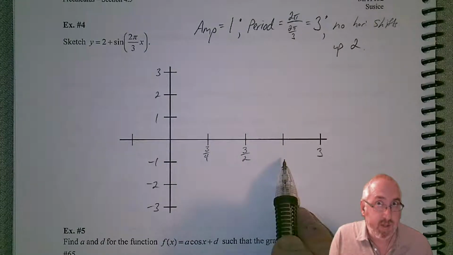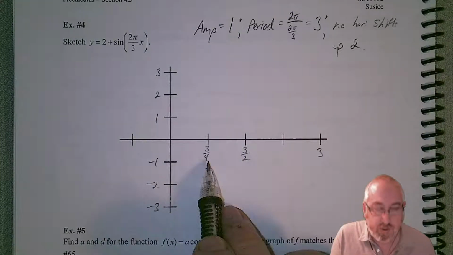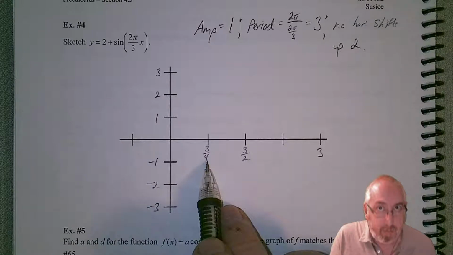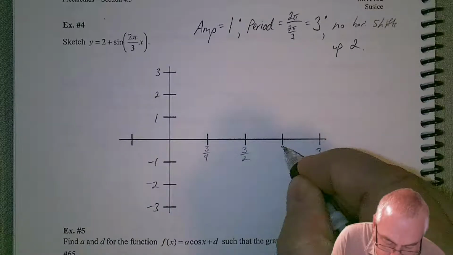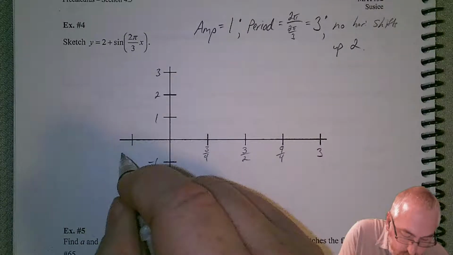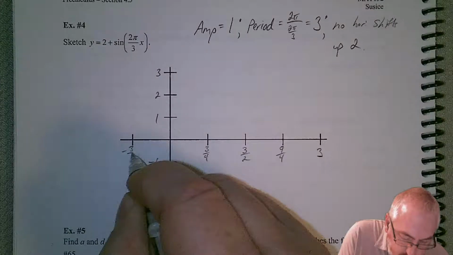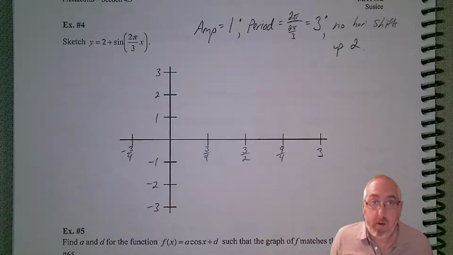You have to multiply the first one by 3. So if we multiply 3/4 times 3, we get 9/4. And we know the dash on the left should be the negative of the first. All right, so there should be our graph.